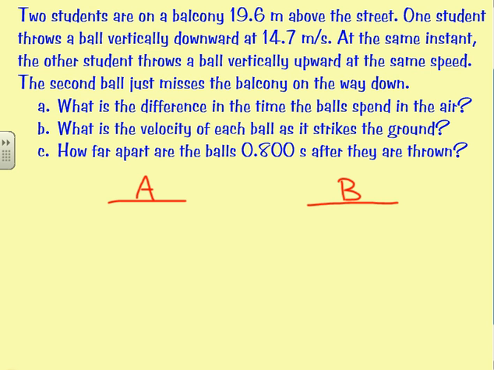First of all, it says that two students are on a balcony 19.6 meters above the street. I'm going to be looking at from the point where they start to the point where they hit the ground. And so both balls will have the same displacement. And again, the displacement is downward, so it's negative. Negative 19.6 meters.